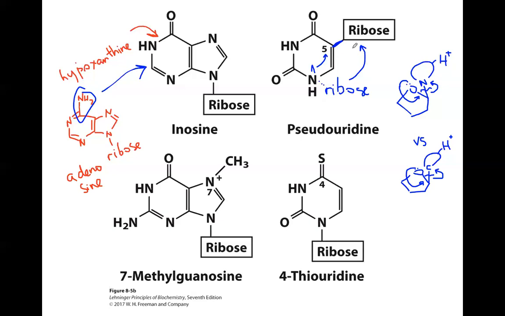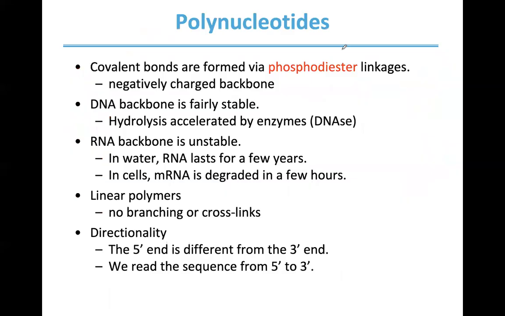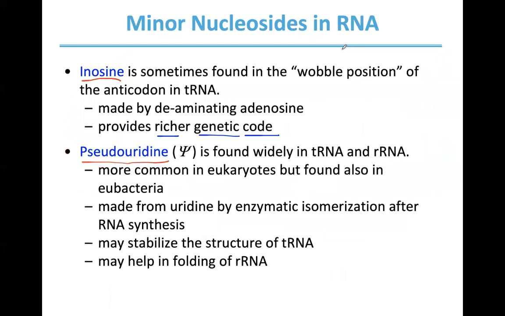So one main function of that would be to make RNA more stable. For example, does it occur in messenger and tRNA both? Let's see. Pseudouridine is found, no, in tRNA and ribosomal RNA.